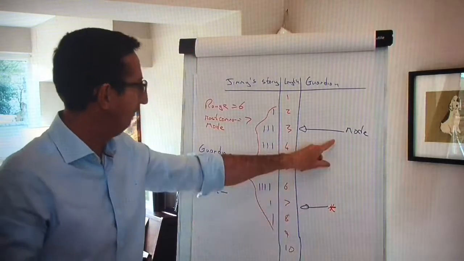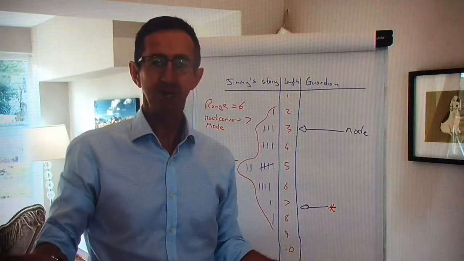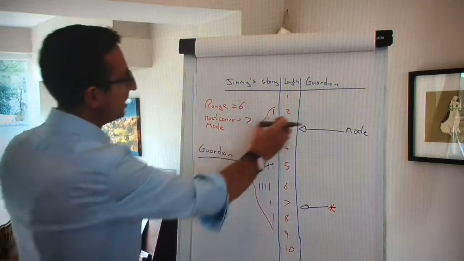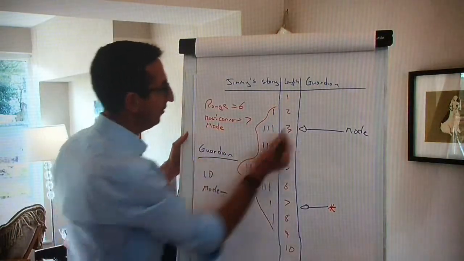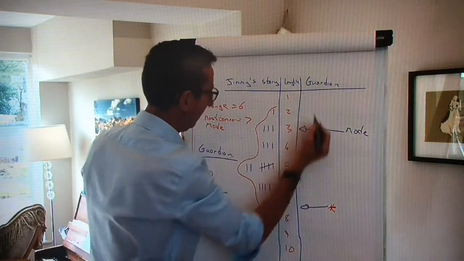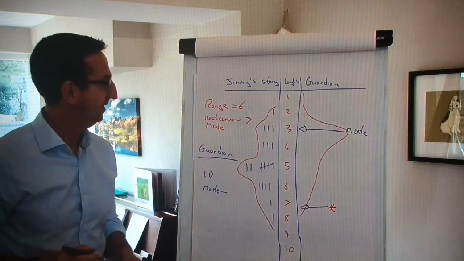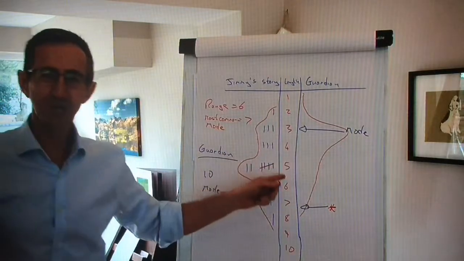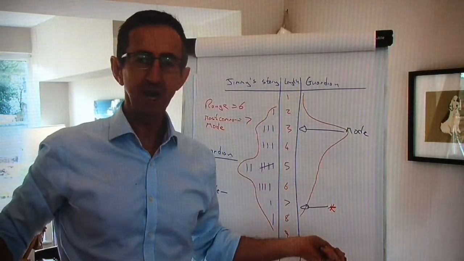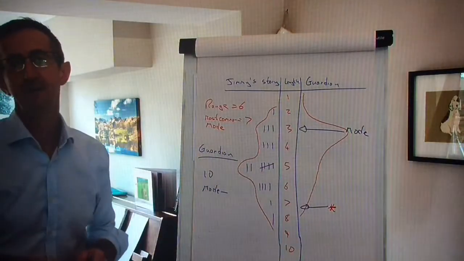We thought it was going to be here, but the mode's here. What's that about? What is lovely is when they share their distributions, and the distribution is something like that, and you go, hey, that doesn't look right. What's going on here? Who can explain it?